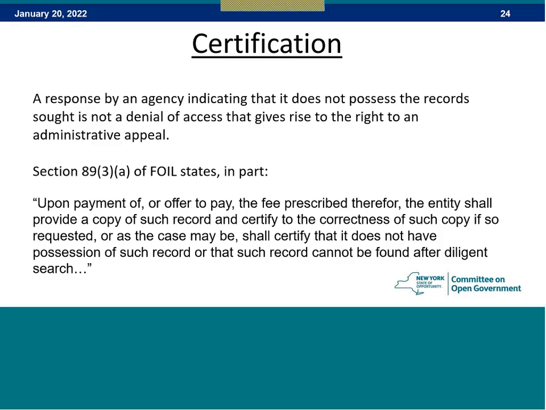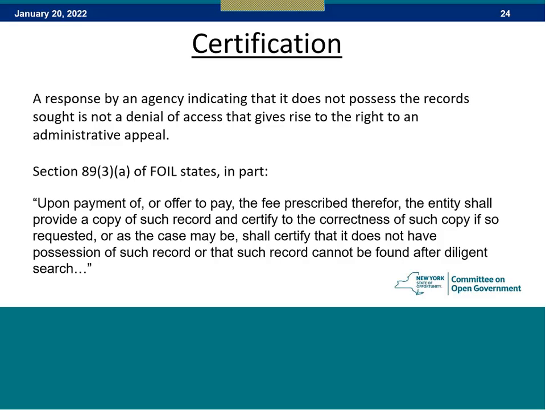So the first part of this certification has to do with when someone makes a FOIL request for a record, the agency provides the record, and maybe the person who's receiving the record says, I wonder if the agency fiddled with this or messed with it before they sent it to me.